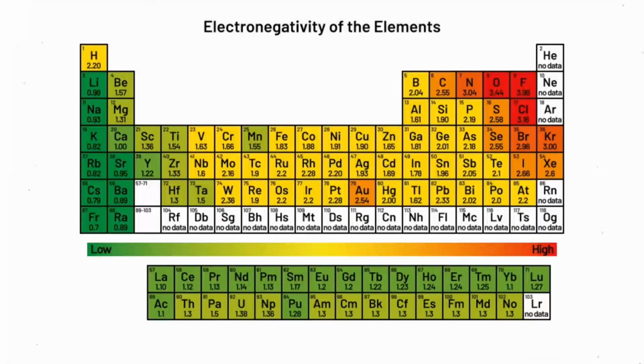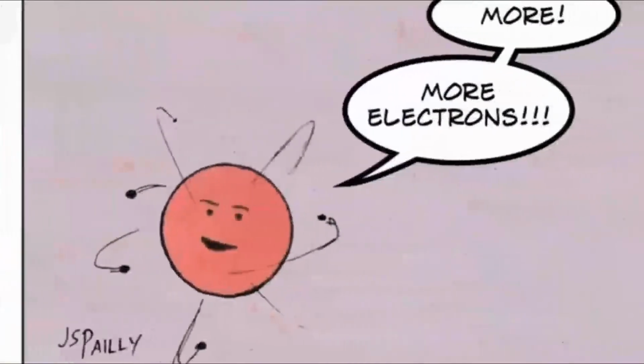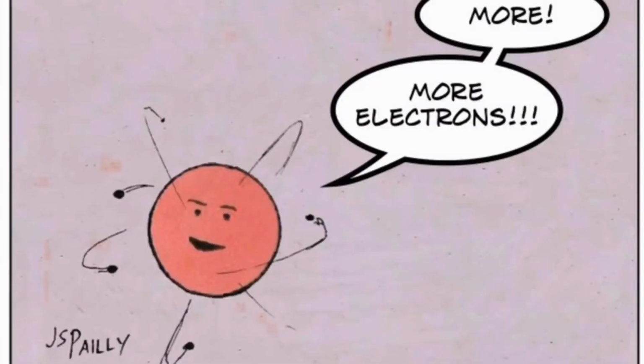What's interesting about water is oxygen is extremely electronegative. It's one of the most electronegative elements that we know of, and is definitely much more electronegative than hydrogen. So you might be saying, what does it mean to be electronegative? Electronegativity is just a fancy way of saying that it hogs electrons. So it would like to keep electrons for itself.